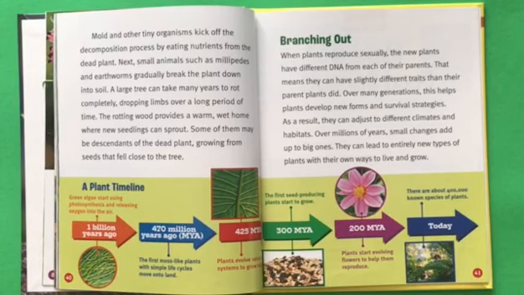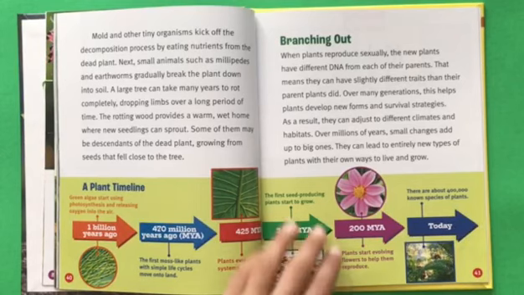Today, there are about 400,000 known species of plants.